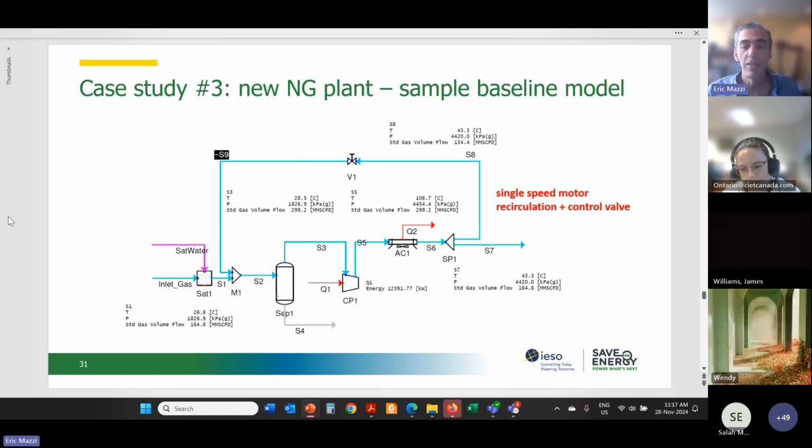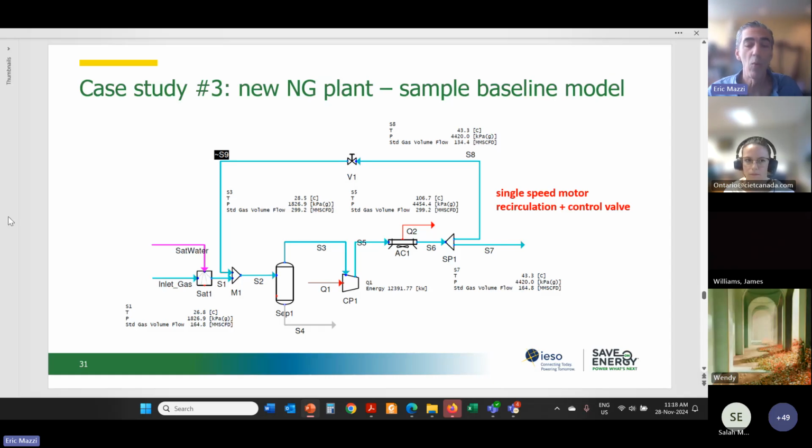The problem is the operating modes of most interest are at partial production flow, and there's no operation that's willing to or has the capability to operate with single speed and recirculation at a lower flow turndown. Routinely, the VFD will be effectively shut off or bypassed when the compressor is at essentially 100% because you don't need it.